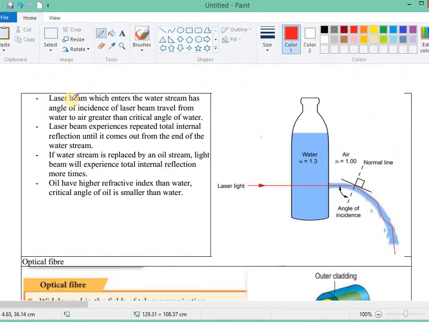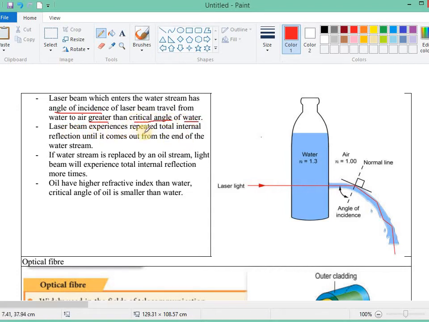Okay, next. So this is the explanation. The laser beam which enters the water stream has an angle of incidence, travelling from water to air, greater than the critical angle of water. That means the angle of incidence is greater than the critical angle of water.